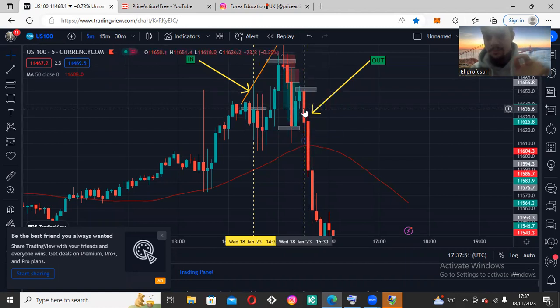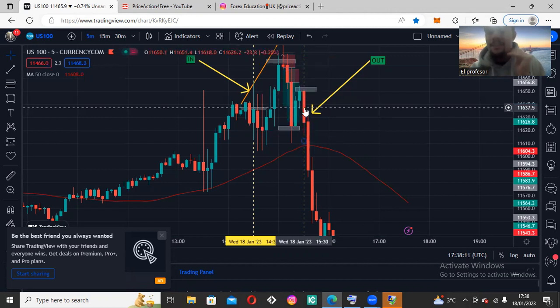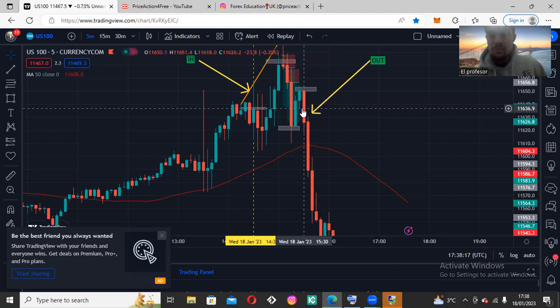What happened? See the low. I look for another confirmation, so at this point we have a strong bearish break of the previous low, and even the body closed below the previous low, which is very interesting.